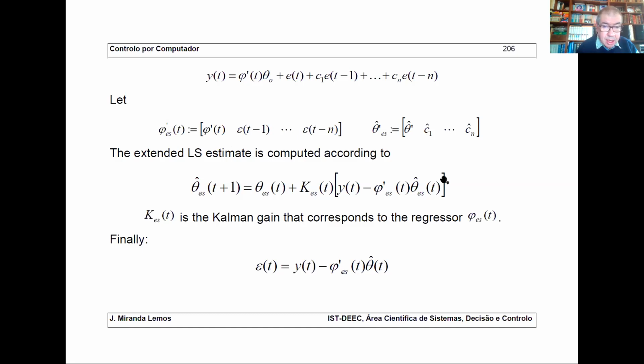And then we use the ordinary equations of least squares, but now with this extended regressor, yielding the extended vector of parameters.